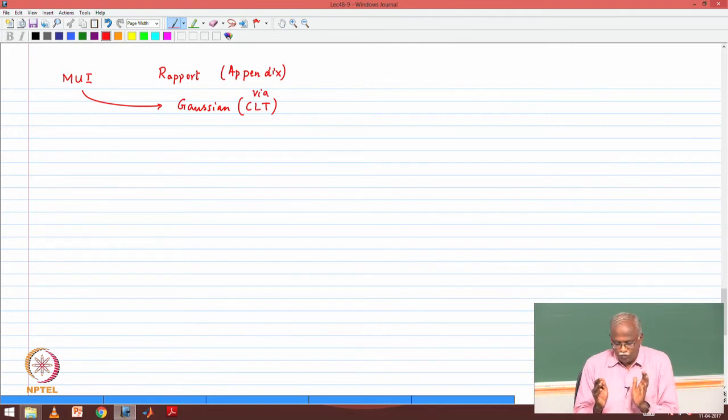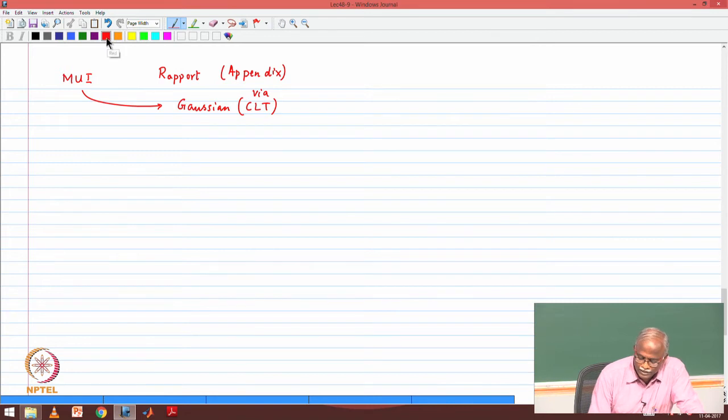And so, what we would like to understand today is how this multi-user interference is going to affect the performance of my system, and what some of the aspects are. Here is the way we would like to understand it.